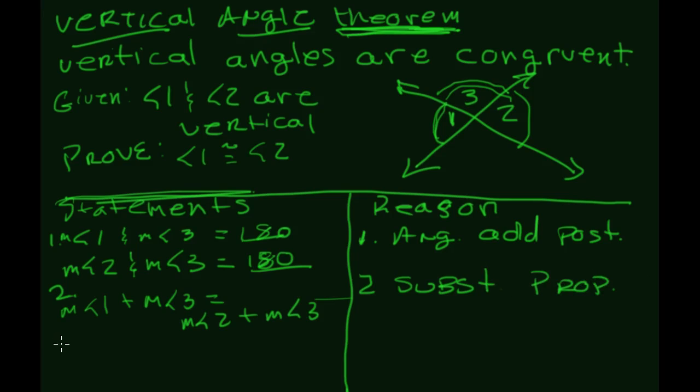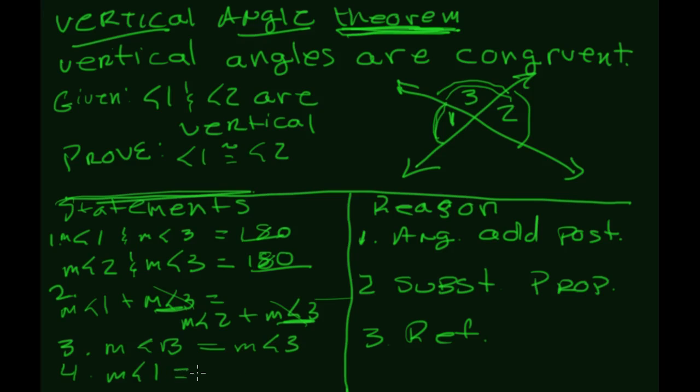Okay, number 3. Well, they both have an angle 3 involved here. So I can subtract that from both sides of the equation and get back that the measure of angle, well, first off, I know that the measure of angle 3 has to equal itself. Aha, because that's my reflexive property, right? And then finally, I can subtract that from both sides of the equation.